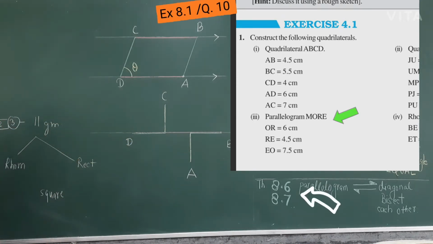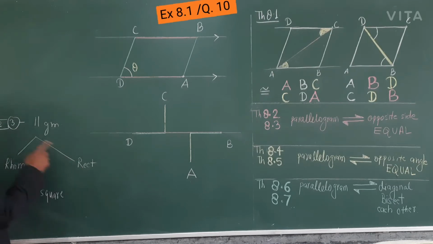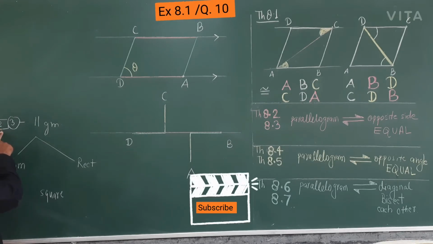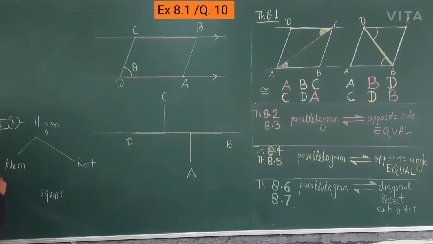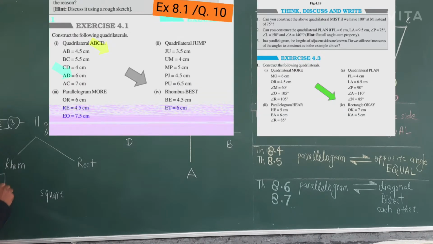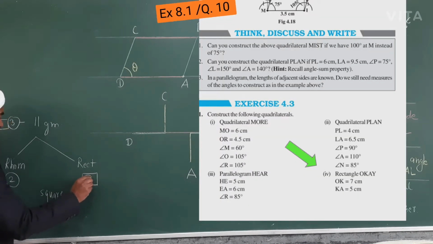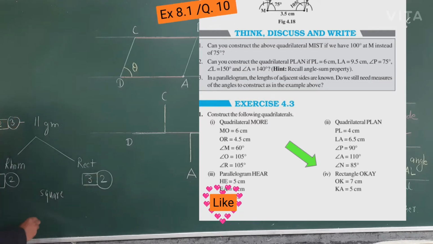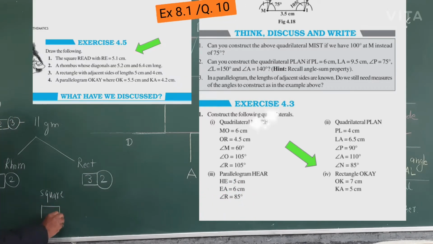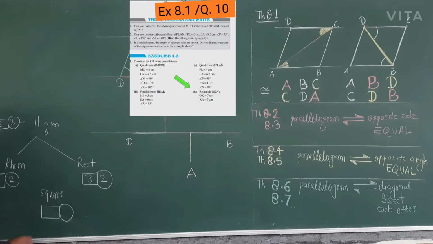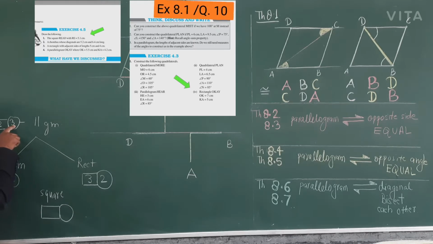In a rhombus you get three informations from the theorems, so only 2 are required. In a rectangle the same is there: this is 3, this is 2. And in a parallelogram 3 is required.